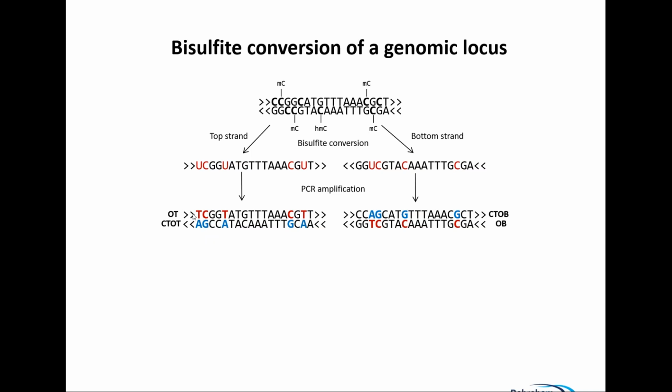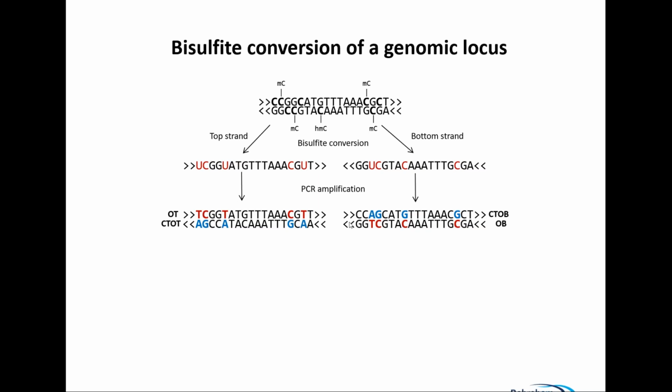For the top strand, we now get a sequence which we call OT, for the original top strand. And as you can see here, in comparison to the original genomic locus, the sequence looks different because of the conversion. Here in red is the original top strand, and here in red is the original bottom strand.